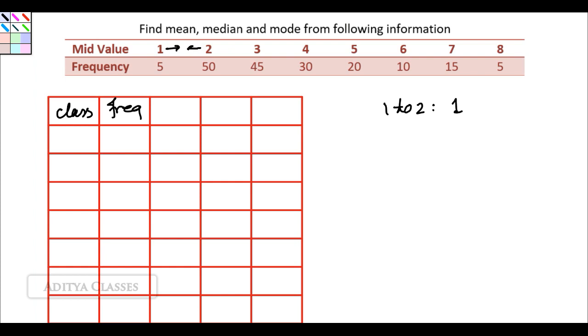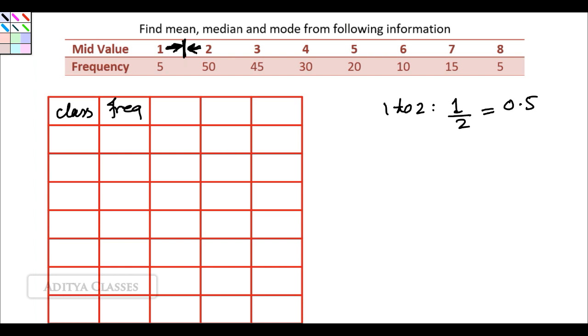We'll bring this 2 a bit backwards, so they meet somewhere over here. And how much forward is going, how much backward we are coming, let us see. So the total distance between 1 and 2 is 1. Let us divide it into 2. So 1 by 2 will be 0.5. So 1 will go ahead by 0.5, 2 will come back by 0.5.